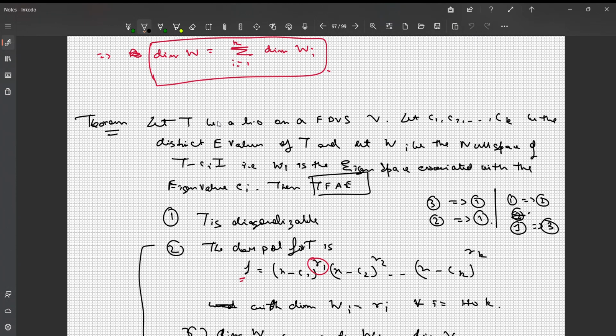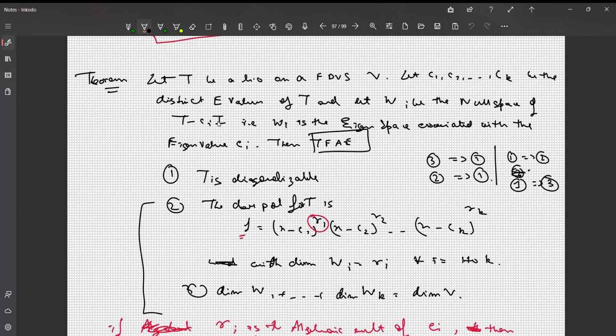So we had this set of equivalent statements. Let T be a linear operator on a finite dimensional vector space V. Let c1, c2 till ck be the distinct eigenvalues of T, and let Wi be the null space of the transformation T minus ci times the identity operator I. That is typically saying that Wi is the eigenspace associated with the eigenvalue ci.